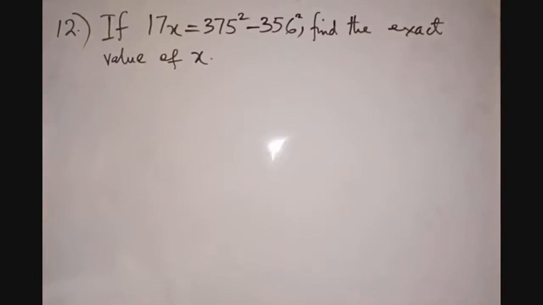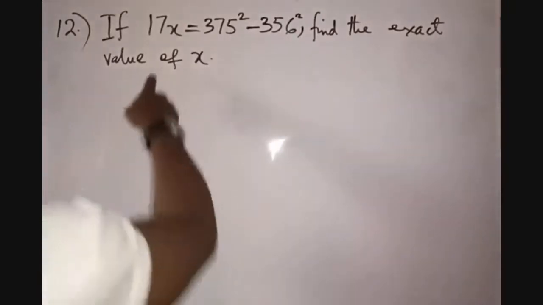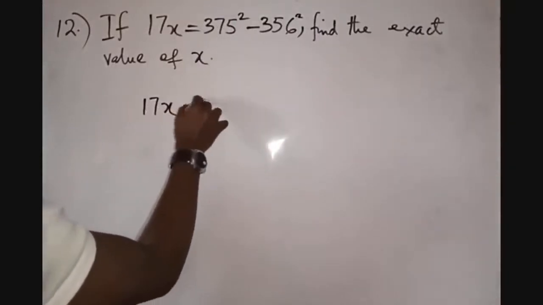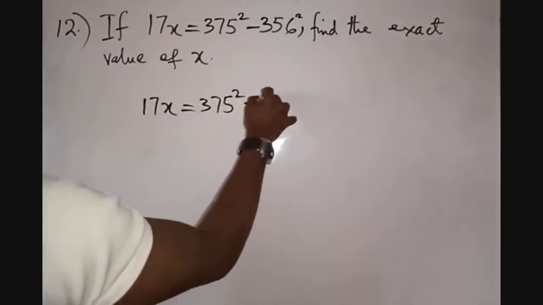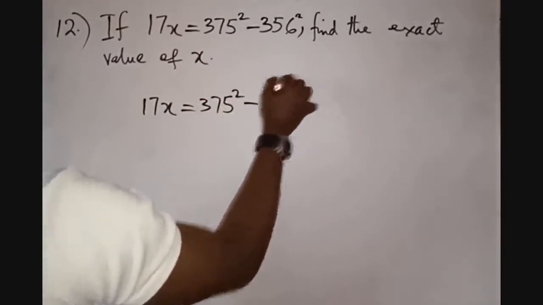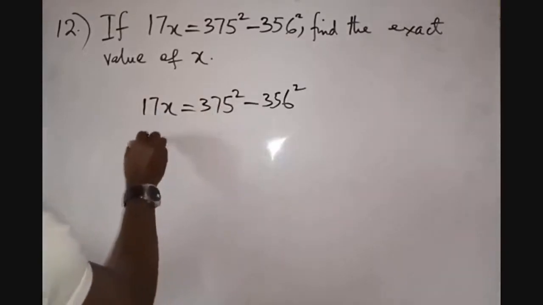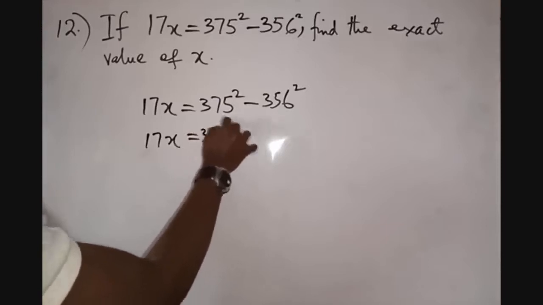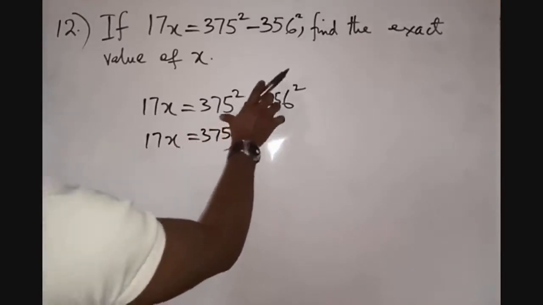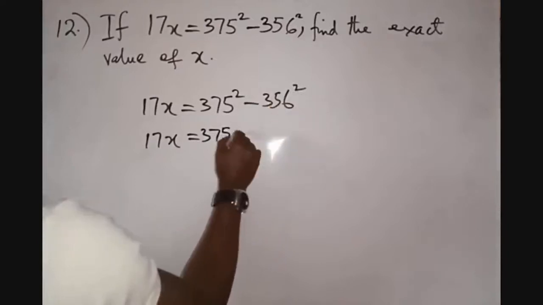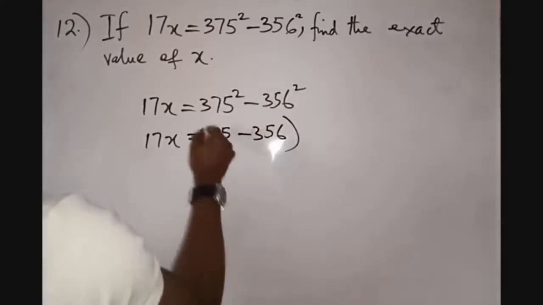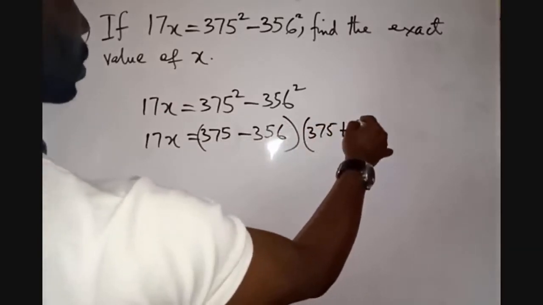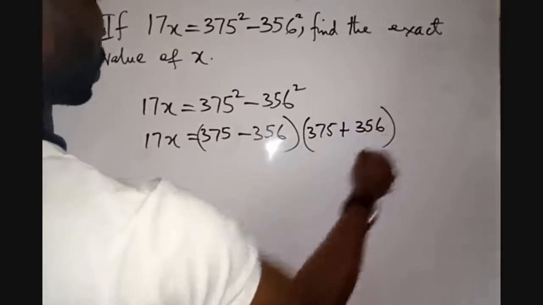We are asked to find the exact value of x from this question. Let me rewrite it. We have 17x being equal to 375 squared minus 356 squared. It's also difference of two squares. So I have 17x being equal to 375 minus 356, and 375 plus 356.